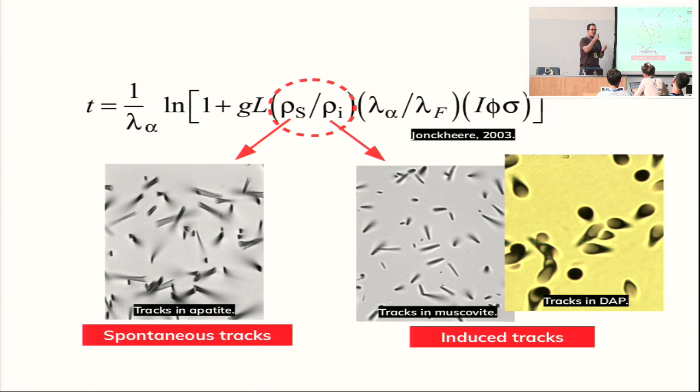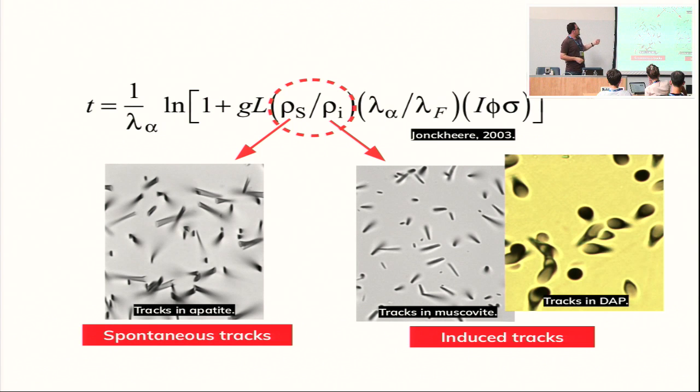So you have these two detectors, the mineral and the detector; ρS is relative to the tracks in the mineral, and ρI to the detector.